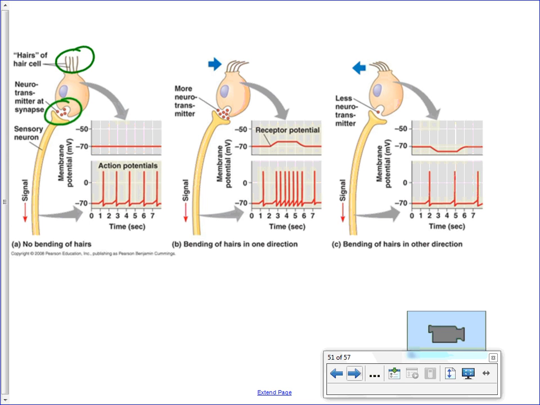If you get the hair cells moving in one direction, that might generate an increased rate of action potentials. And if you get the hair cells moving in the opposite direction, it would give us the opposite response: less neurotransmitter released and a lower frequency of action potentials going toward the brain.